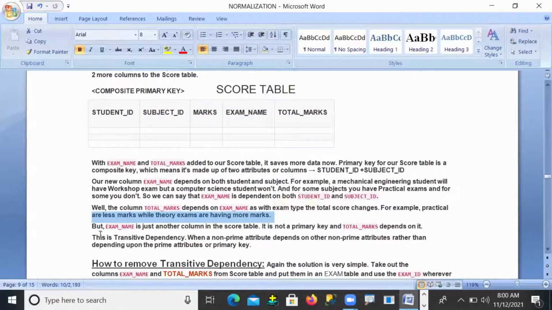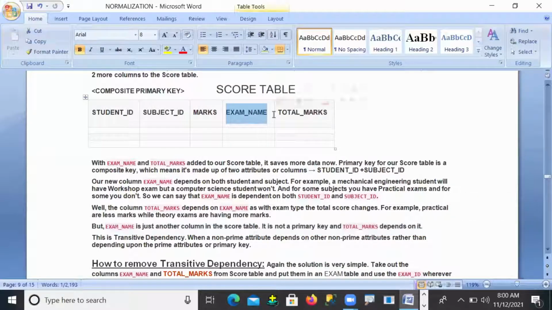So finally, examination name is just another column in the score table. It is not a primary key, and total marks depends on it. Your total marks is also non-primary key, examination name is also non-primary key, and total marks depends on examination name. So a non-primary key column depends on another non-primary key column. Then it is called a transitive dependency.